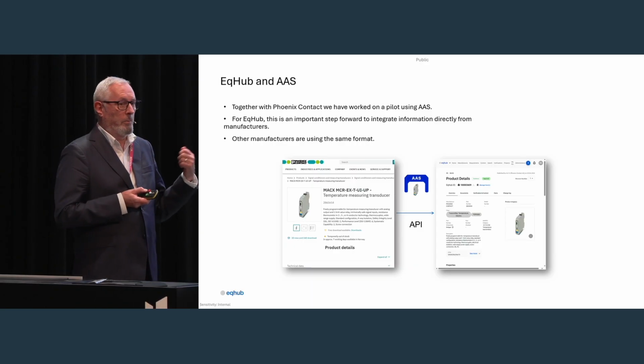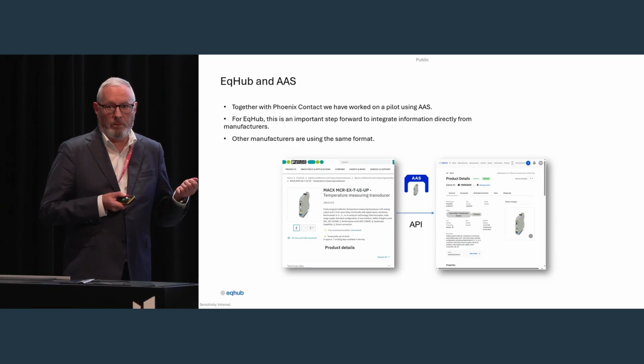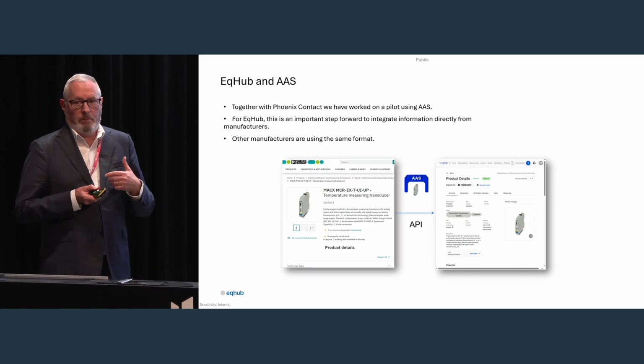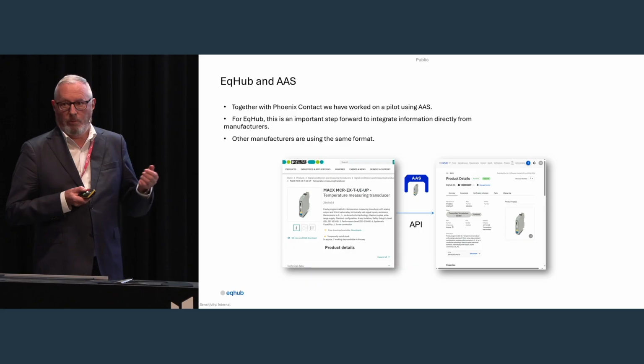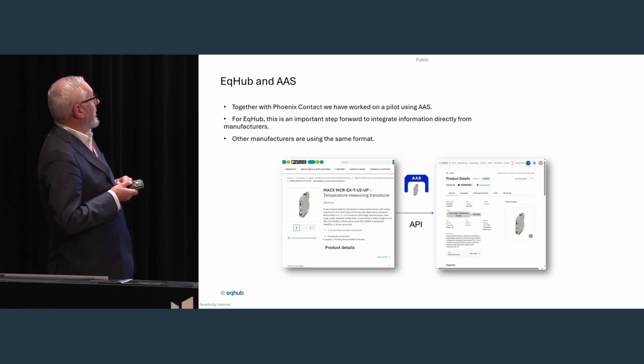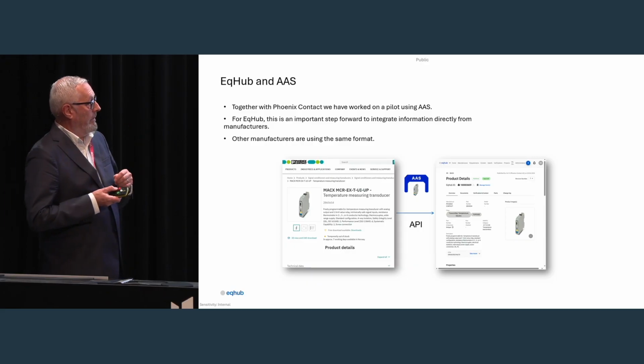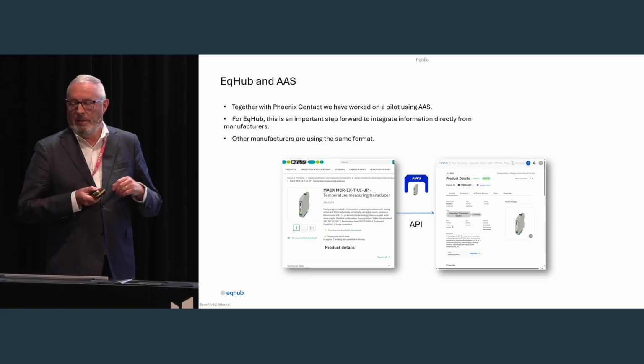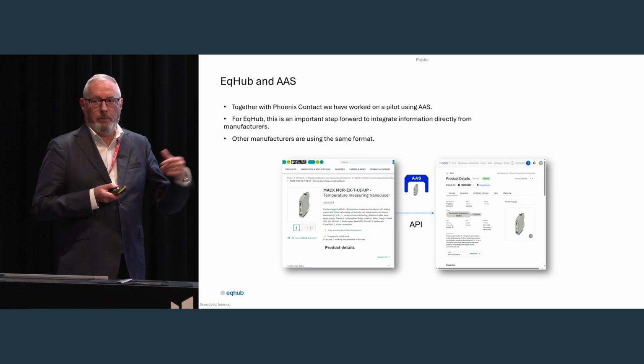If we get data from the source, we don't have to do the verification process. We will also bring more data and more products into EQHUB. So this is great. And as you have seen from some of the slides, it's not only Phoenix using this format. For us, it's a whole industry where we can get data.